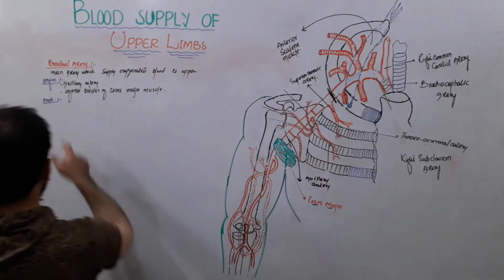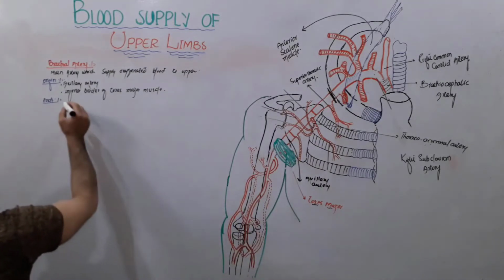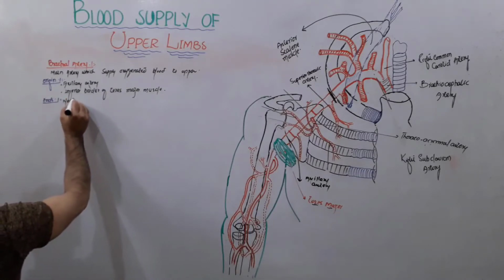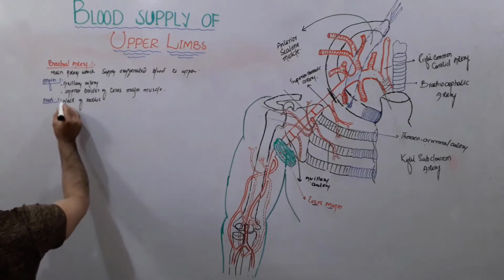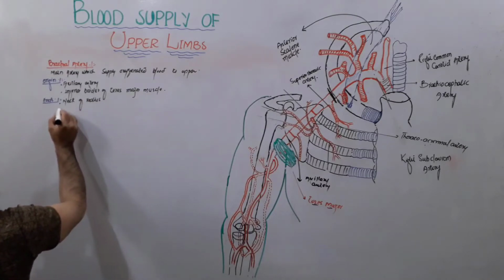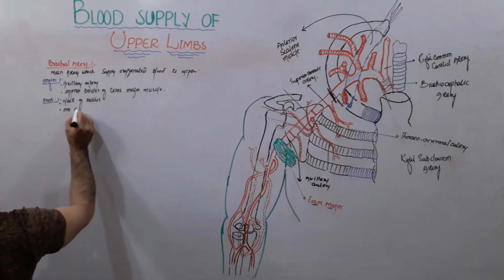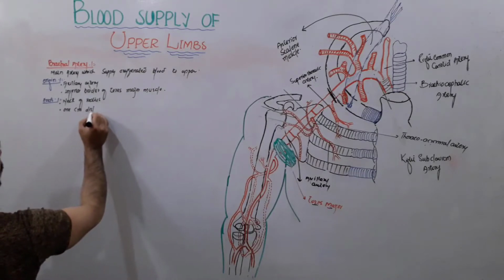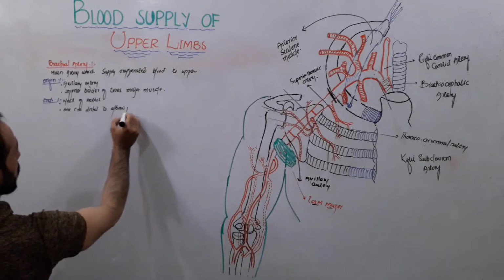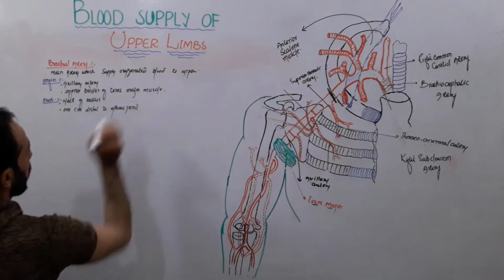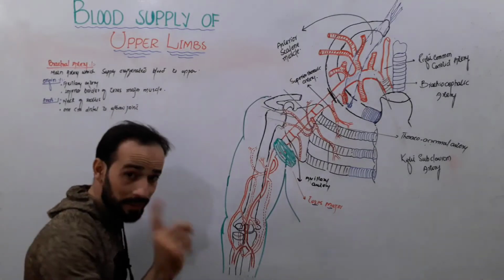So we say here, where does it end? It ends at the neck of the radius bone, 1 centimeter distal to the elbow joint. This is its end point. Once again, look carefully.